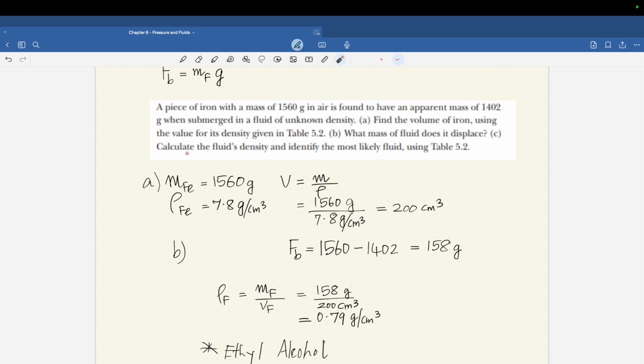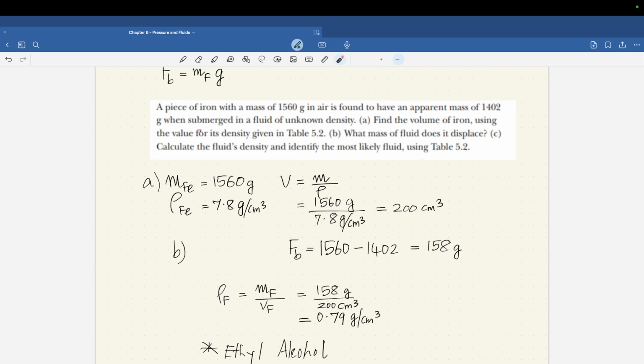Now you have to find the density of the fluid. There's confusion sometimes for students here because there is a solid and a fluid. So be careful. Now we're talking about the fluid. Do we know the mass of the fluid displaced? Yes, we do. Do we know the volume of the fluid? Yep, it should be the same as the volume of the solid. Not always, but in this case.